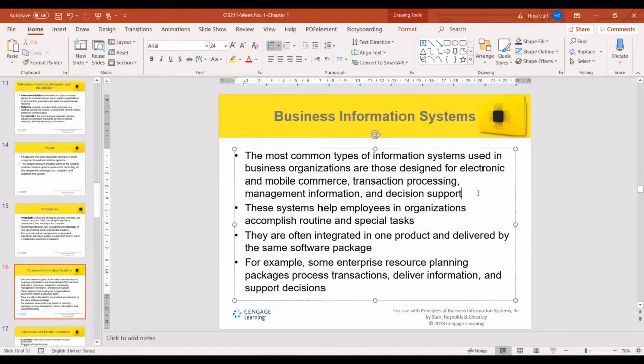Decision support system: we have a department in our university, DSS, decision support system. This department is responsible for creating visualizations or graphs or bringing up some useful information for the top management, so that information will help them to take some decisions. So these systems help employees in an organization accomplish routine and special tasks.